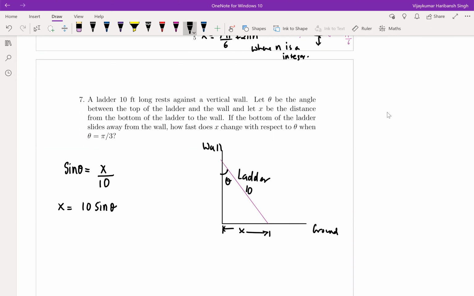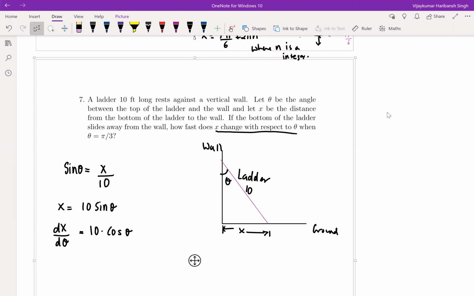Now we are looking for how fast x changes with respect to theta. So let's look at dx by d theta. 10 is a constant which comes out. The derivative of sine theta is cosine theta. Now we need to plug in the desired value. We are given theta equals pi by 3.